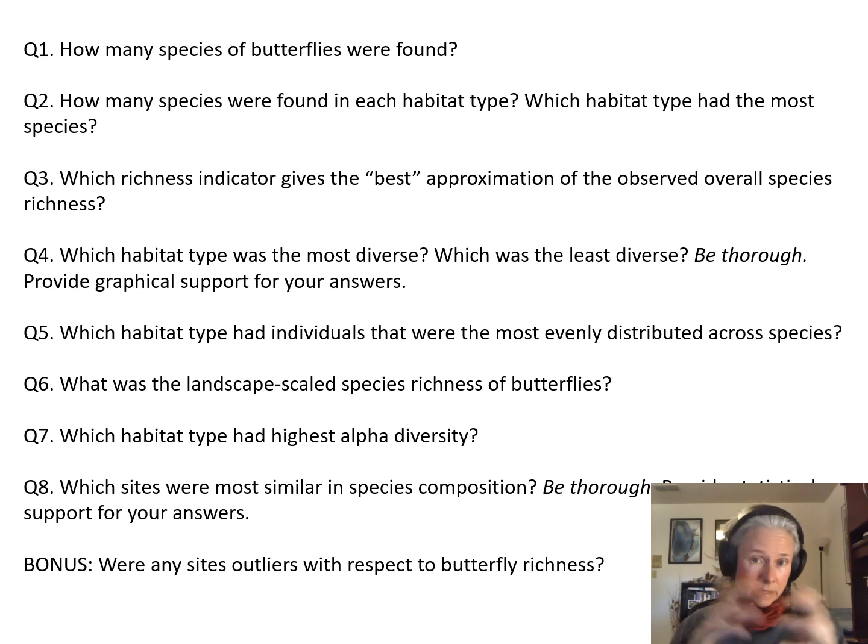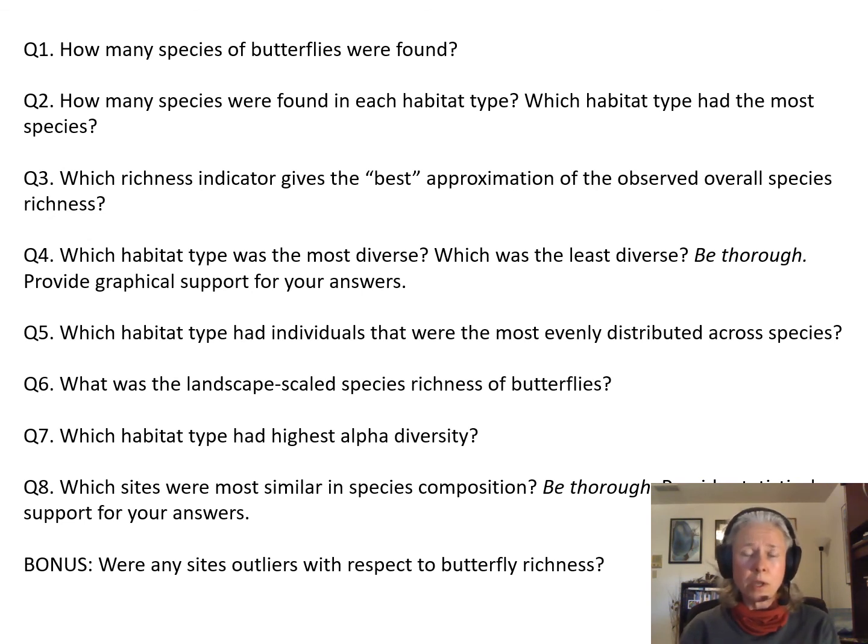What was the landscape scale diversity of butterflies? Which habitat type had the highest alpha diversity? And then which sites were the most similar in species composition? And again, be thorough and provide some kind of statistical support for your answers. And then finally, look for outliers. Were there any sites that were outliers with respect to butterfly richness?